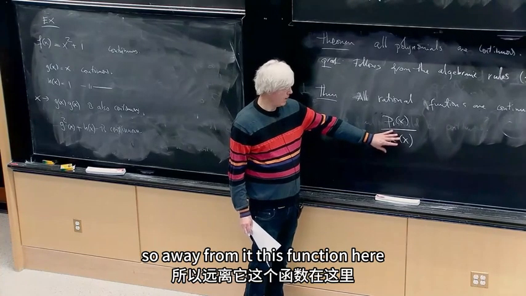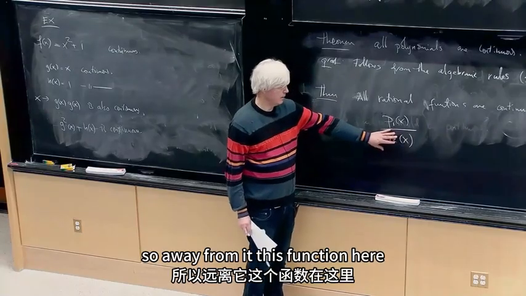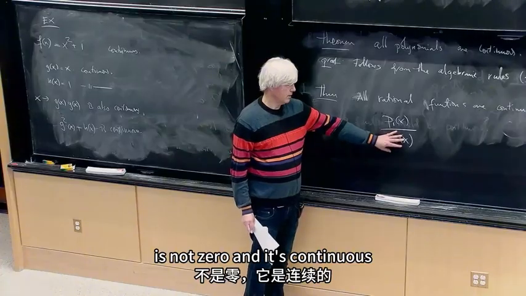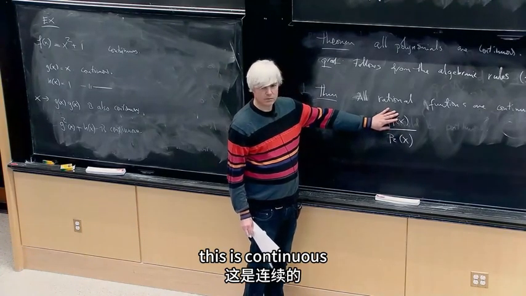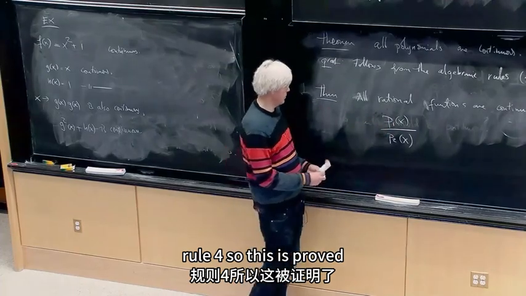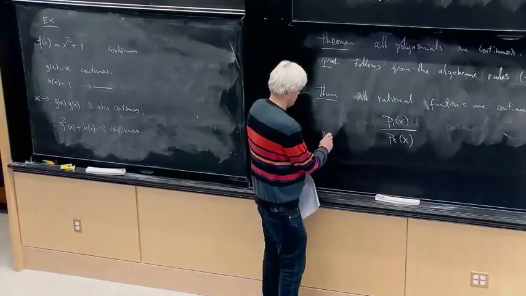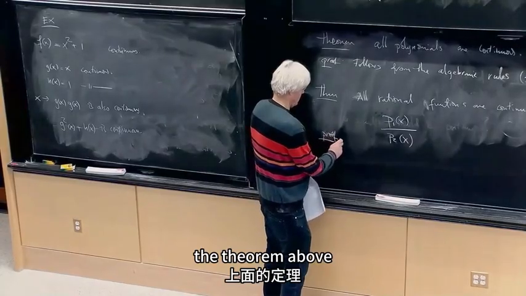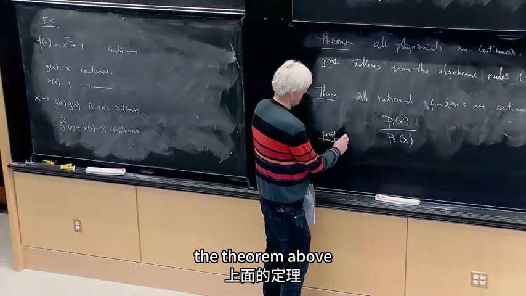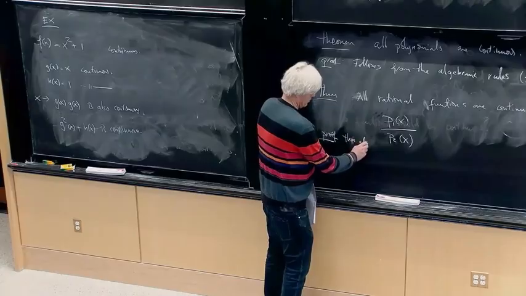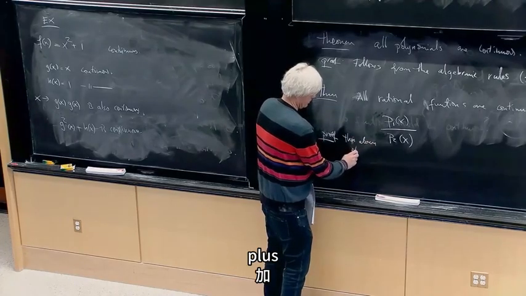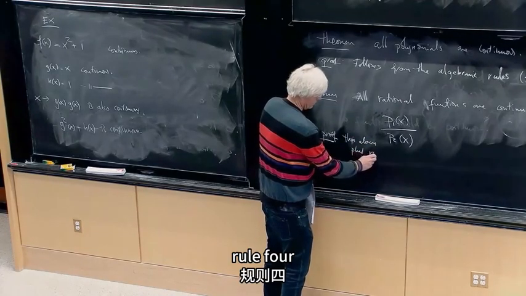So away from the roots, this function is not 0 and is continuous. By rule 4, this is proved. The theorem above plus rule 4.